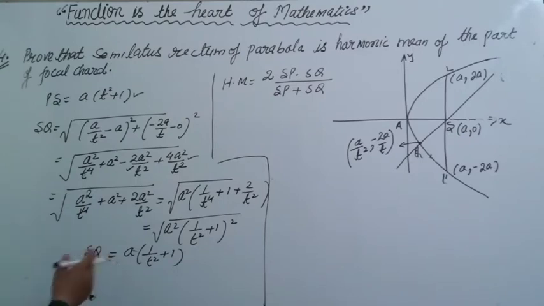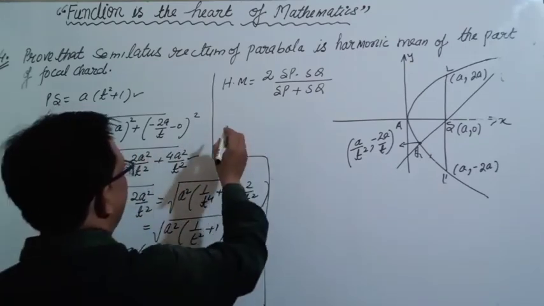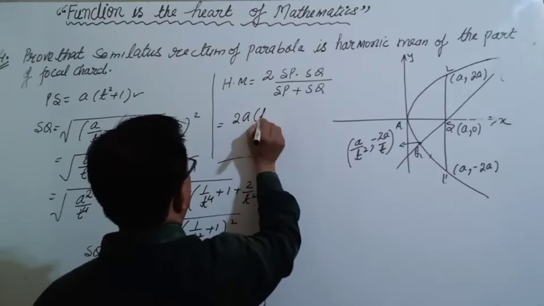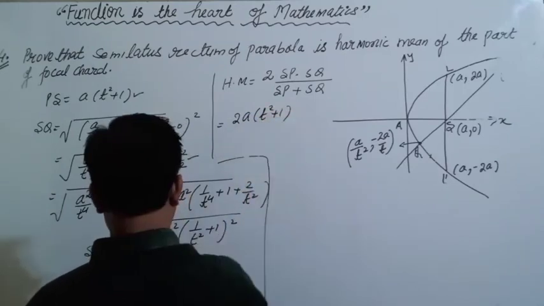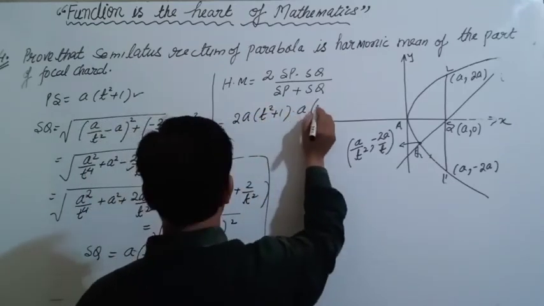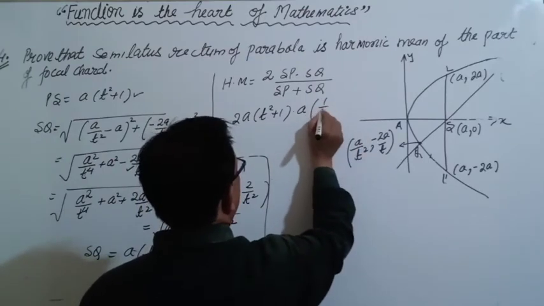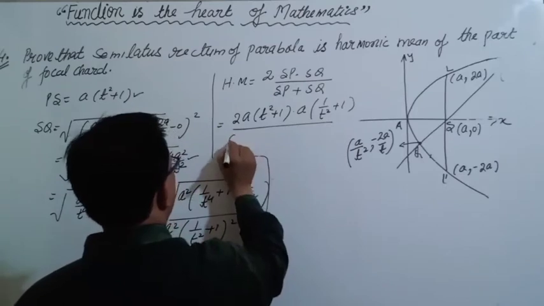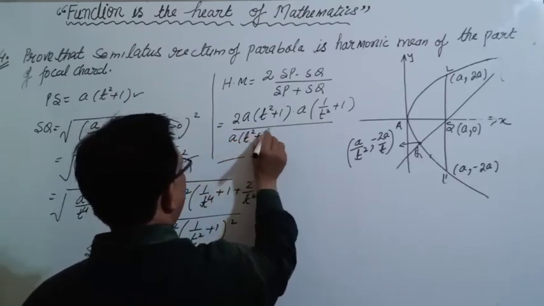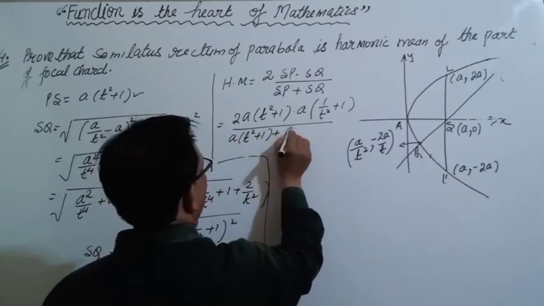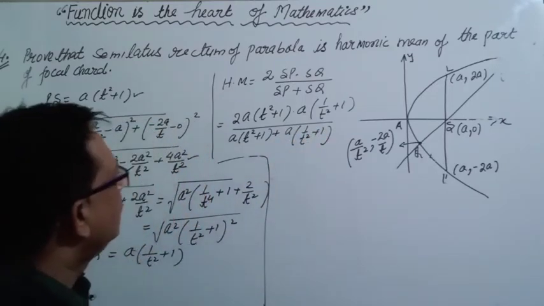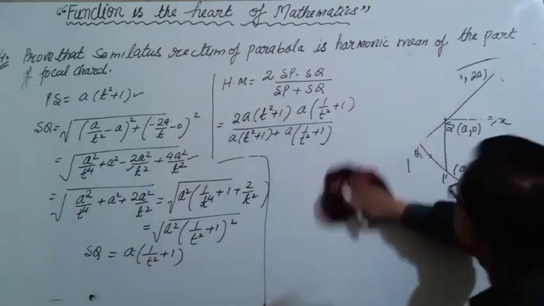So we substitute the values of these. Here we substitute 2, our SP is a(t² plus 1), and our SQ is a(1 upon t² plus 1), over a(t² plus 1) plus a(1 upon t² plus 1). We substitute the values.